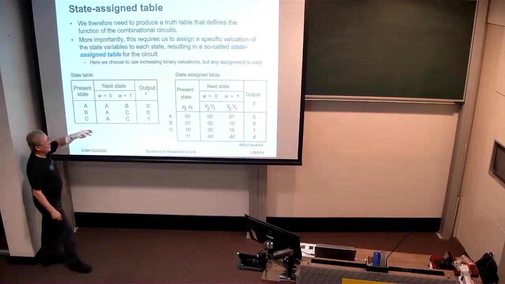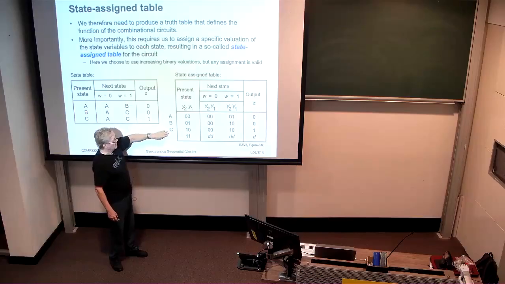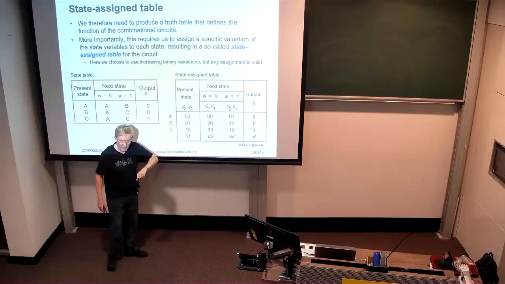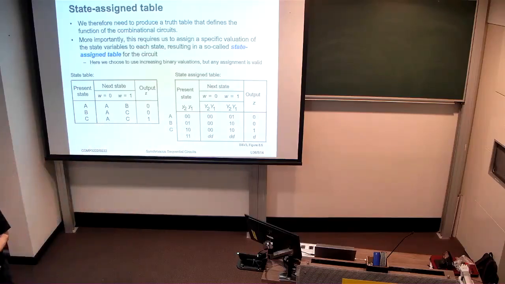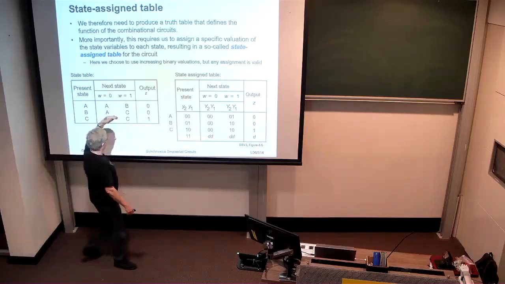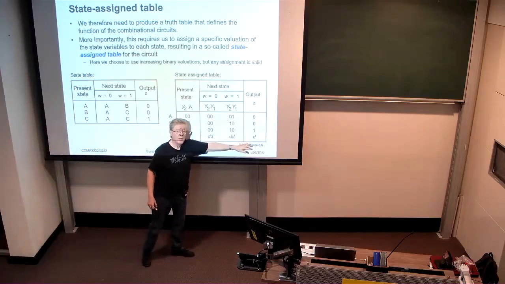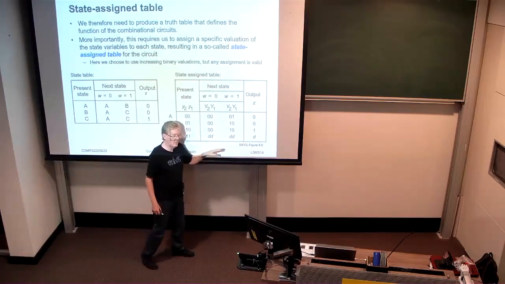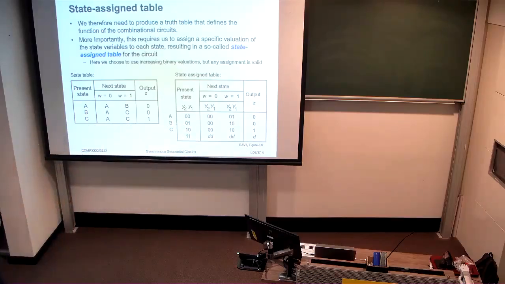So here we're using a binary numbering system to label the states A, B, and C. A is given the number 0,0, B 0,1, and C 1,0. And since for 2 state variables there's a fourth possibility, 1,1, that's going to be added to our state table, and we won't care what the next state is if we ever enter this state, because in principle, we will never enter that state.